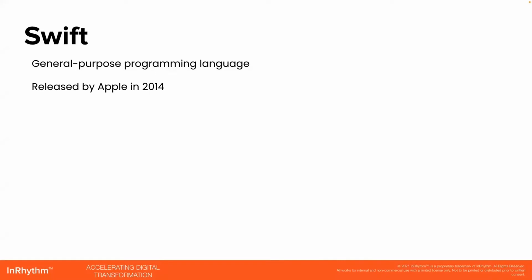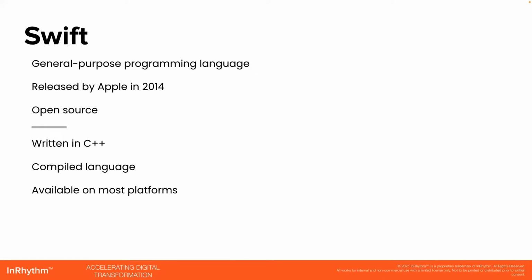Swift was released by Apple in 2014. It is open source, it's written in C++, and it is a compiled language. And again, it is available on most platforms, including iOS, macOS, Linux, and Windows is a new addition to Swift's availability, and more.